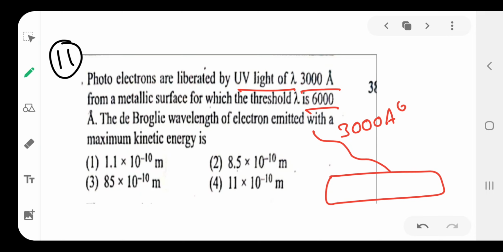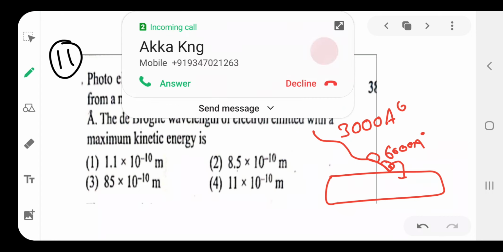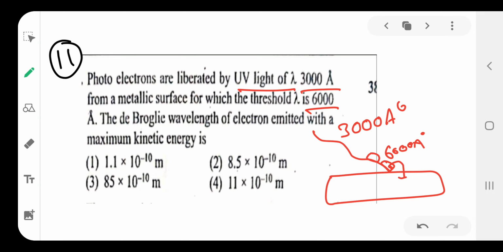This incident light has energy packets, or quanta. This quanta transfers energy to the metal atom, then the electrons are emitted. We have to find the kinetic energy of the emitted electron, that is the maximum kinetic energy of the electron.